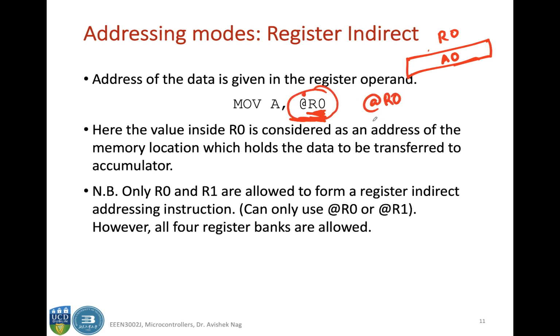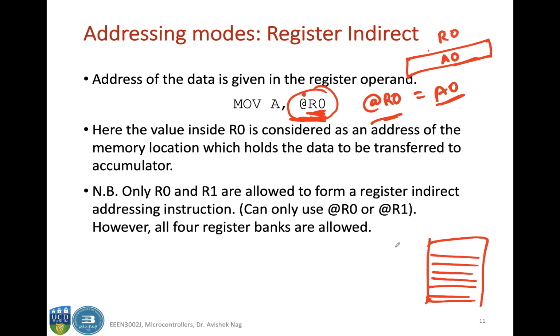So @R0 is basically this number, and this number acts as the memory location. In your actual memory you have different slots with different addresses, so whichever slot has this address A0, whatever data is stored here will be moved to your accumulator. So this is how you are using register indirect addressing mode.